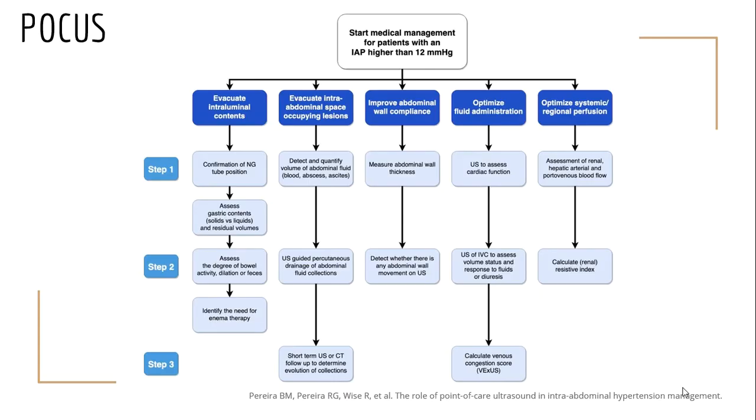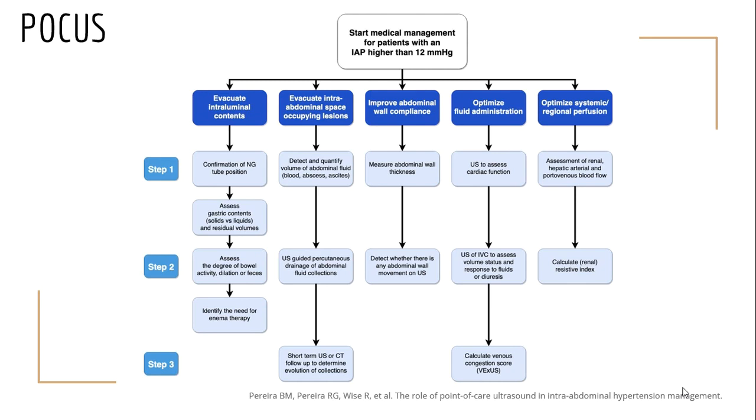So this is point of care ultrasound in monitoring of intra-abdominal hypertension. This was recently added to the society guideline. If it is high, then the same 5 points are considered.